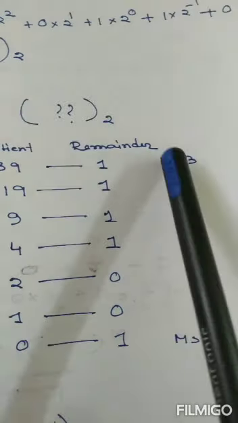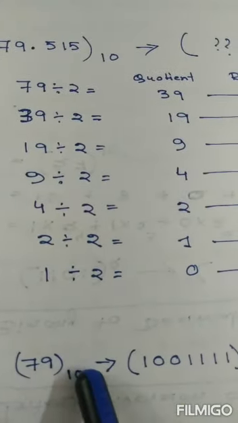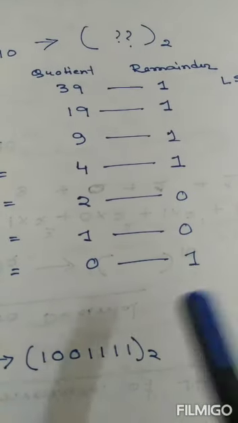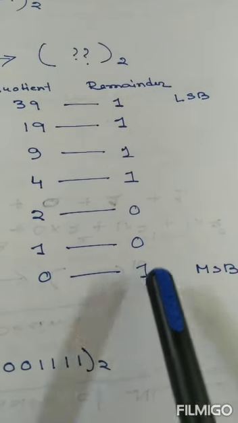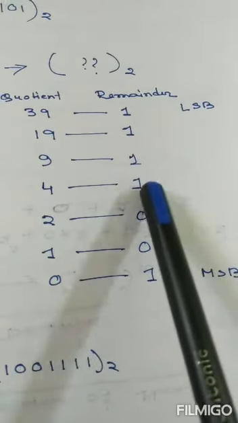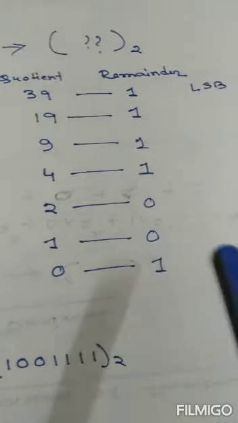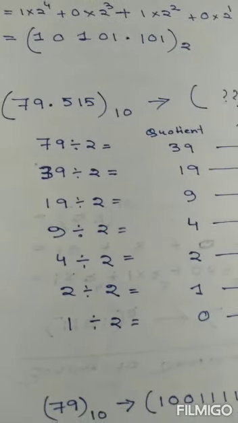So this is 79 and its binary number starts from this portion because this is the MSB: 1 0 0 1 1 1 1. This is the integer part.